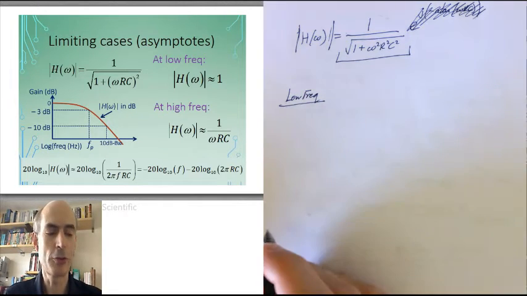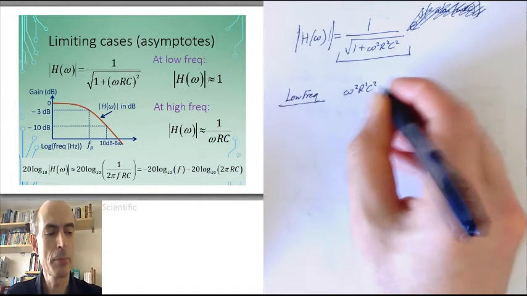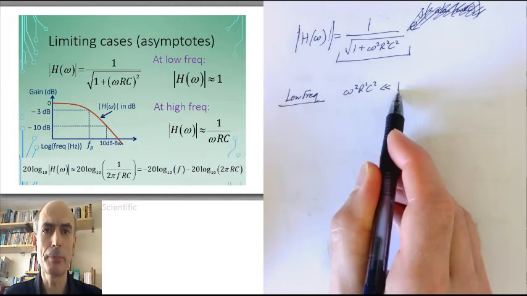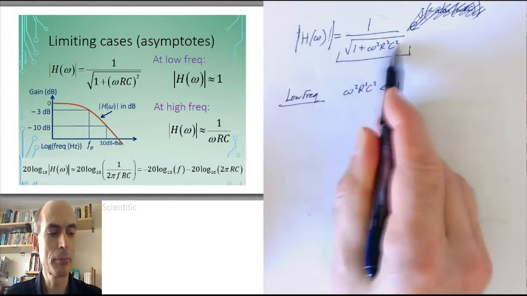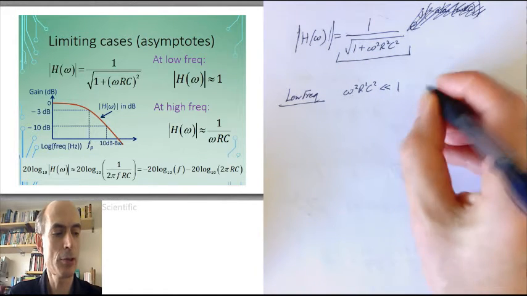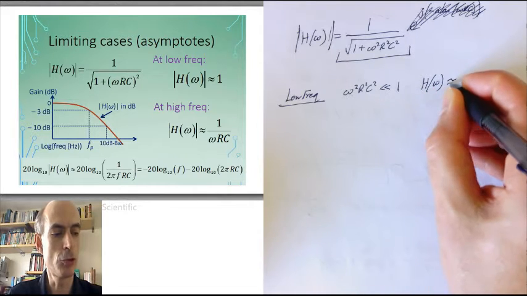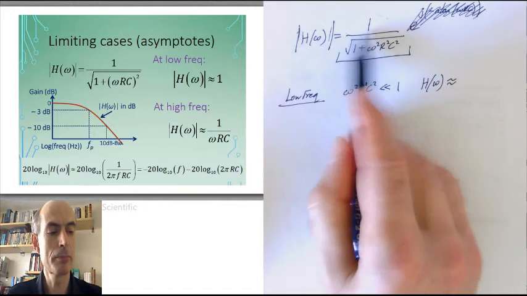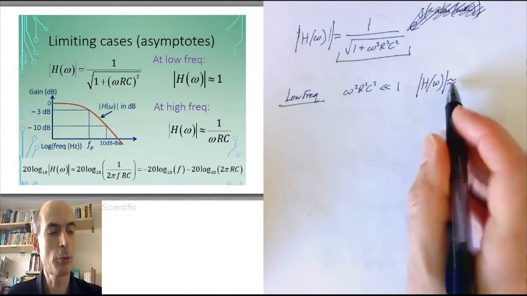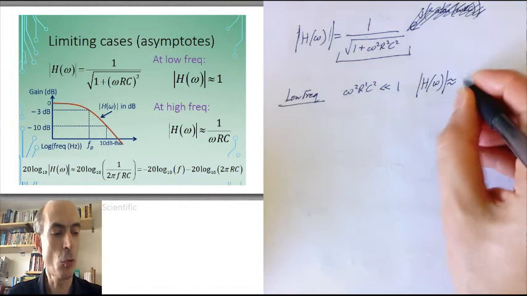At very low frequencies, we can assume that omega squared r squared c squared is much, much smaller than 1. And if we can make this assumption, then we can neglect this term in comparison to this term here, and say that H of omega is approximately equal to just 1 over... the modulus of that, the amplitude response, is approximately equal to 1 over the square root of 1, which is just 1.